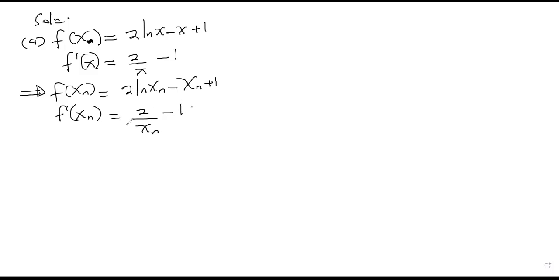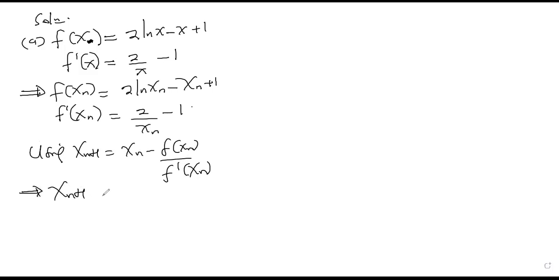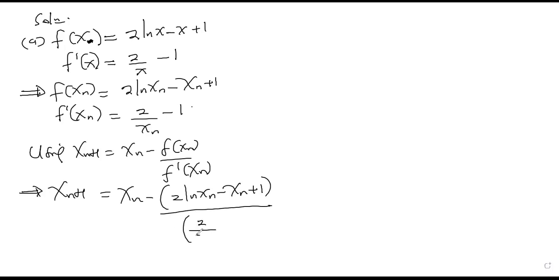So looking at this, using xn plus 1 is equal to xn minus f of xn divided by the derivative of xn, it would imply that by substitution, our xn plus 1 is going to be equal to xn minus the function, which is 2 ln xn minus xn plus 1, out of the derivative, which is 2 over xn minus 1.